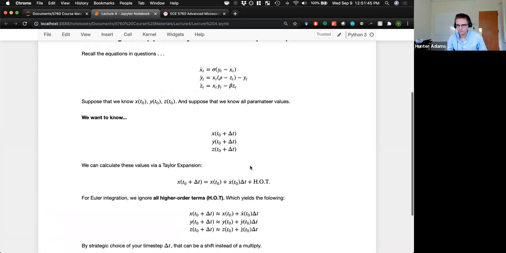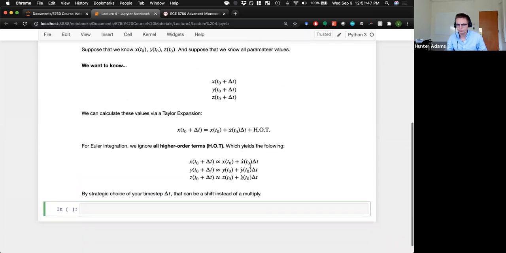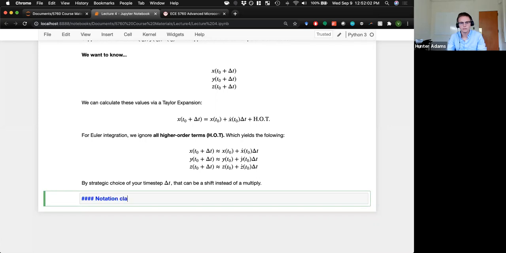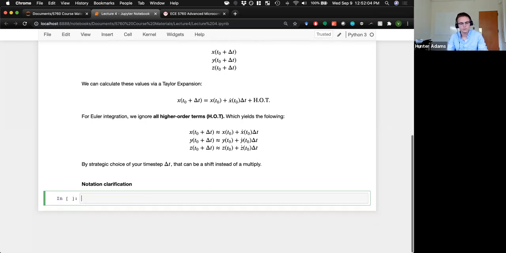Any questions about this? Do you think you could clarify what the dot notation above the x, y, z means? Yeah, sure. Notation clarification. Who came up with the dot notation? I think that was Newton's thing.